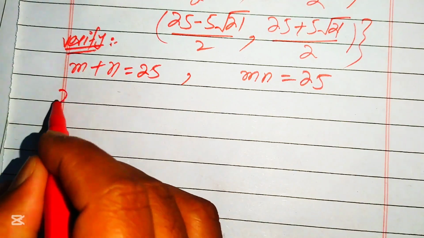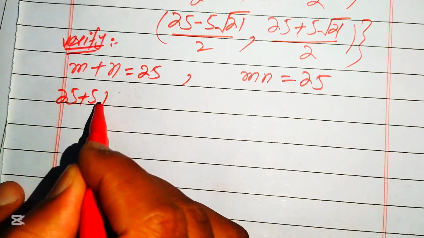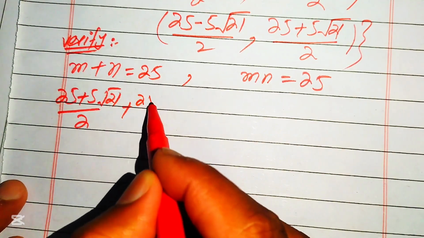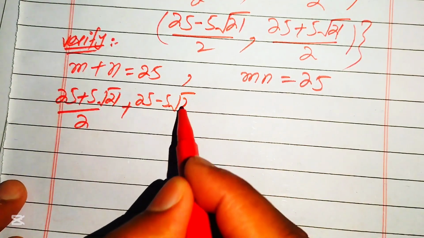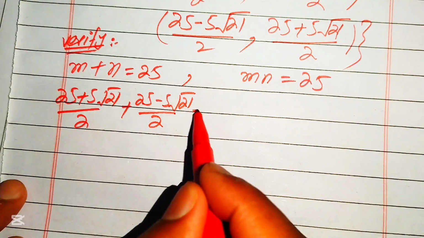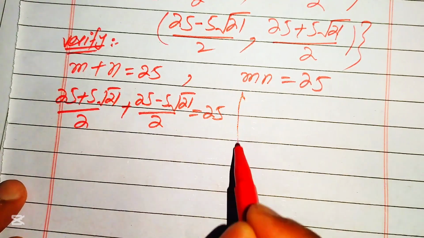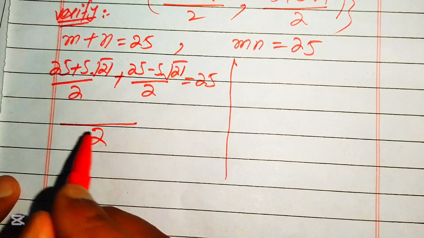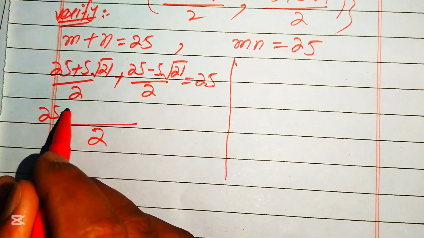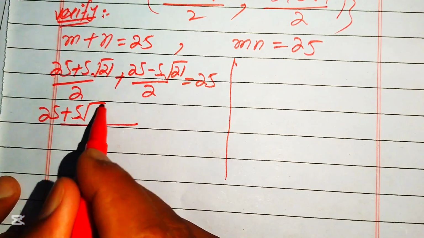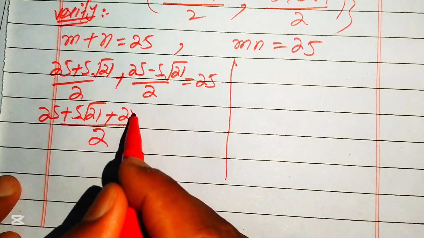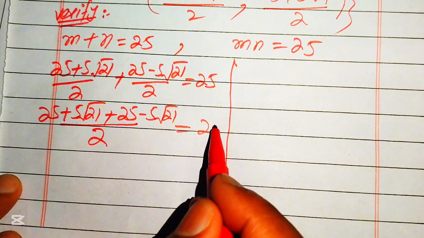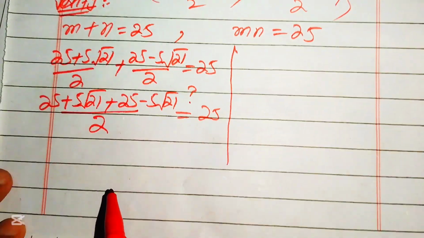The value of m is 25 plus 5 times of square root of 21 divided by 2. The value of n is 25 minus 5 times of square root of 21 divided by 2 and it is equals to 25. So here first we verify the first solution set. Here we will take the LCM of this term, LCM is 2 and we get 25 plus 5 times of square root of 21 plus 25 minus 5 times of square root of 21, and here we check whether this equals 25 or not.